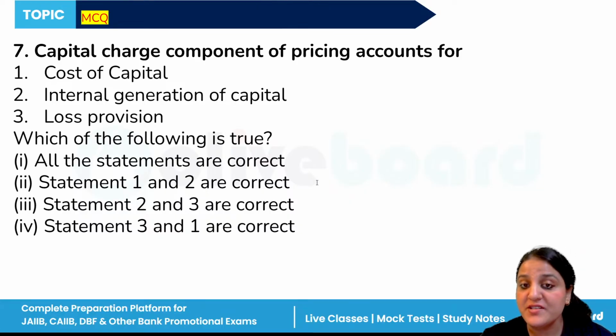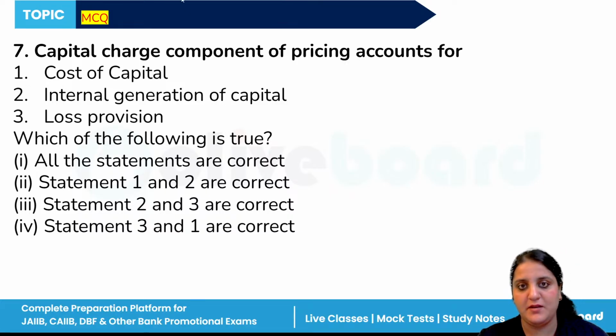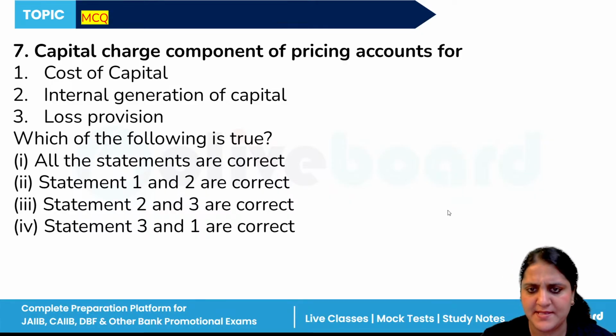And interest here is different related to every type of risk. The second thing written is internal generation of capital. What is internal generation of capital? Banks earn profit that builds capital internally. This is part of the pricing.